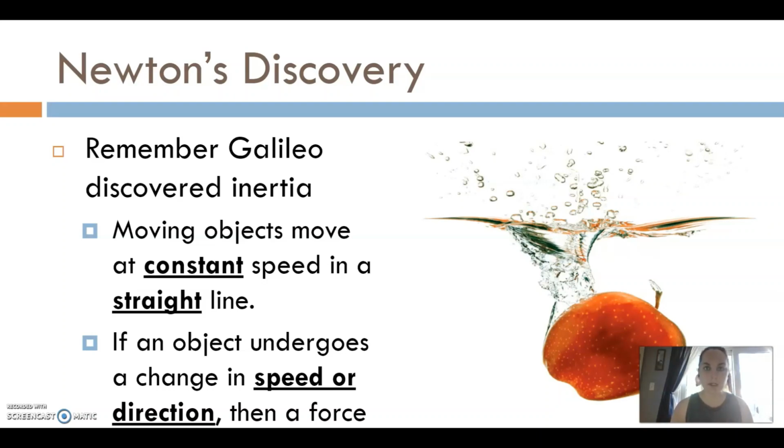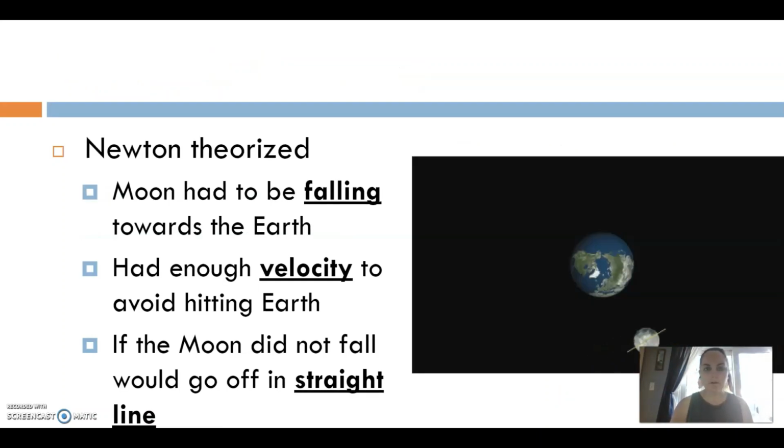What Newton theorized was that the moon had to be falling towards the Earth, and it had to be due to some type of force, because objects want to stay in constant straight-line motion. So a force is required in order to keep this moon moving in its orbit.